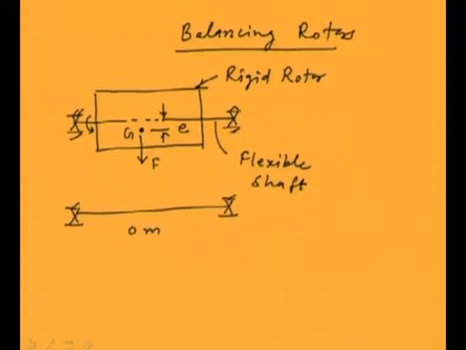The mass of the rotor is concentrated here at the center of gravity, at the radius e. So this particular kind of unbalance is called static unbalance, in which we are able to balance using a single plane, which we will see later.